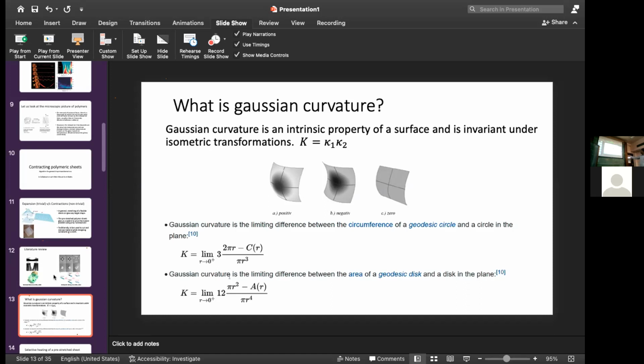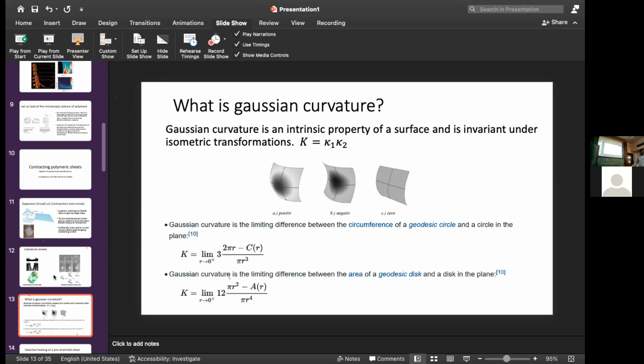It's basically the product of two principal curvatures. Let's say I'm on a sphere, then the two principal curvatures are the maximum and the minimum curvature of this surface. So if I am on a sphere, then the product of these two will be my Gaussian curvature, and it will be positive.